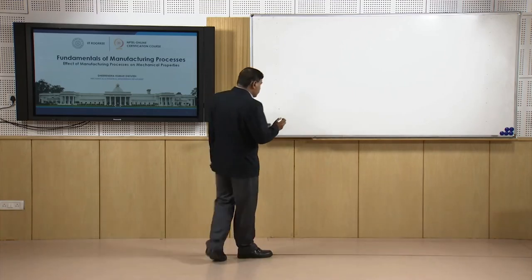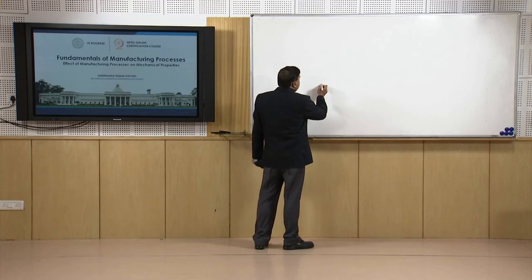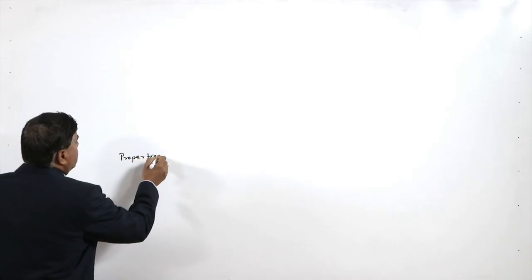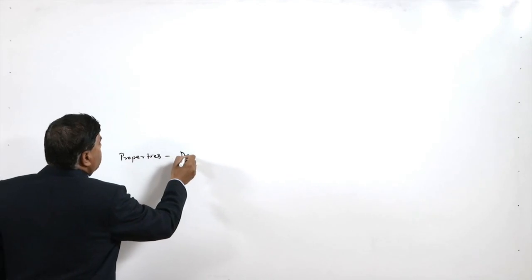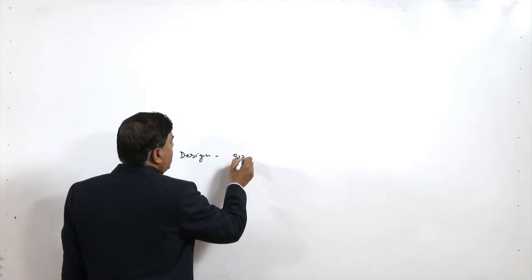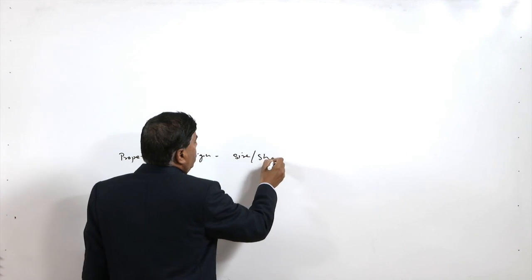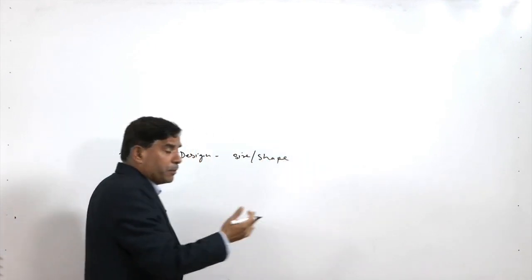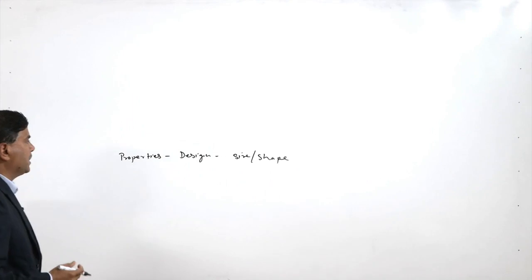So, those properties which are used for the design purpose are considered to fix up the size and shape to be used, so that the component can perform the function desired.